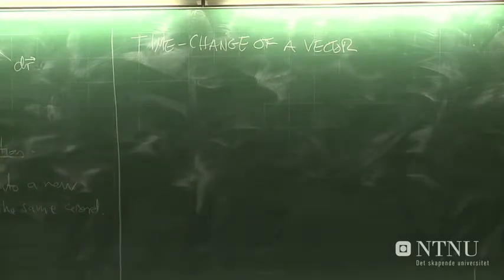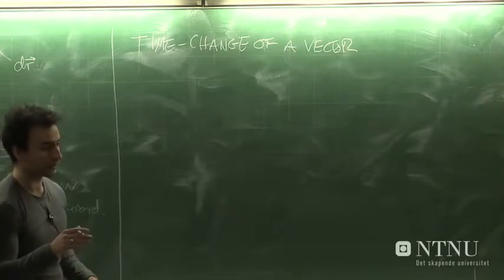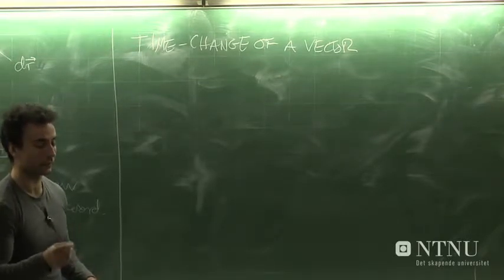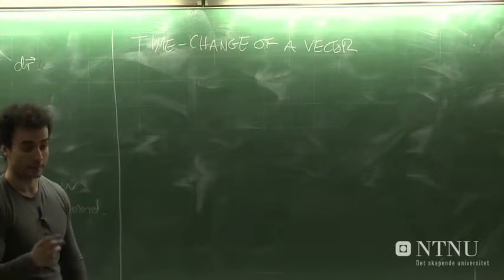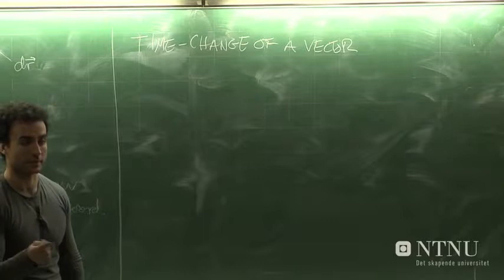So the point is that for an arbitrary vector, the evolution of this vector in time, or how it changes with time, will depend on what kind of coordinate system you are positioned in as an observer. In particular, whether or not this coordinate system is rotating.